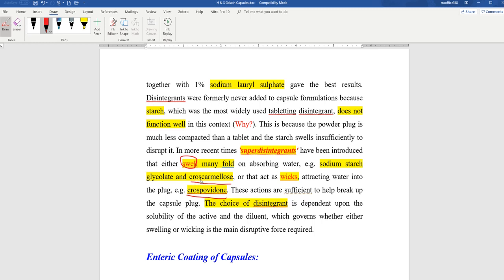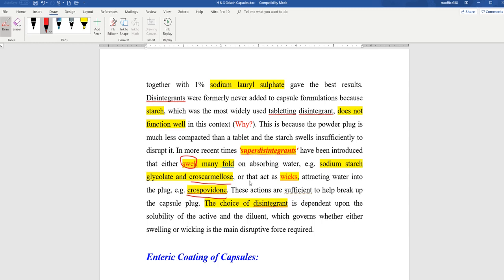Memorize it. And cross povidone is cross-linked polyvinyl pyrrolidone. Okay, so these are the ones that are suitable in capsule formulation.